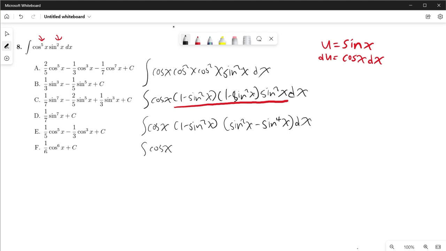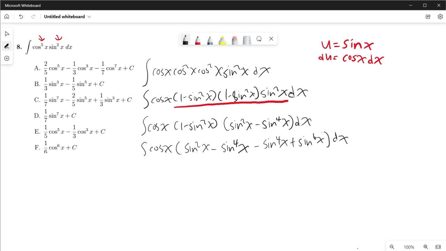Then again, I will have sine squared x. That will be sine to the fourth x, and then 1 times negative will be a minus again, sine to the fourth x, and then finally plus sine to the 6th x dx.